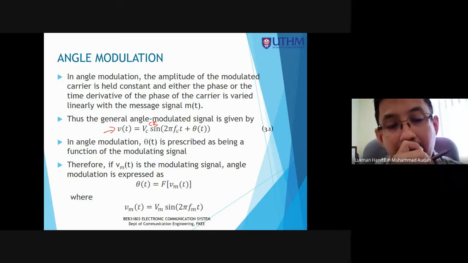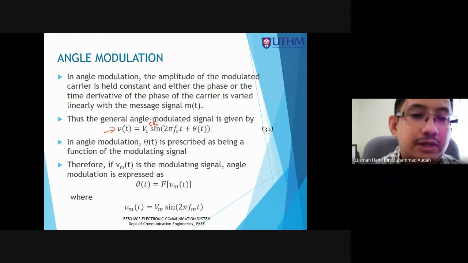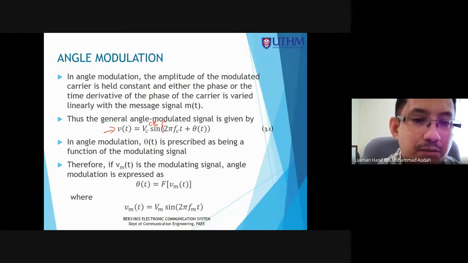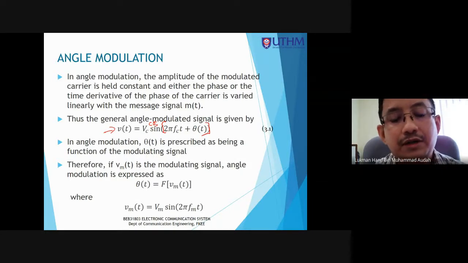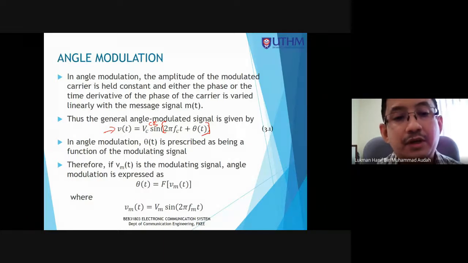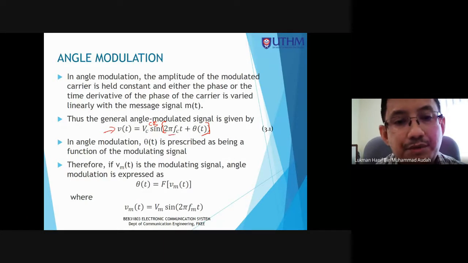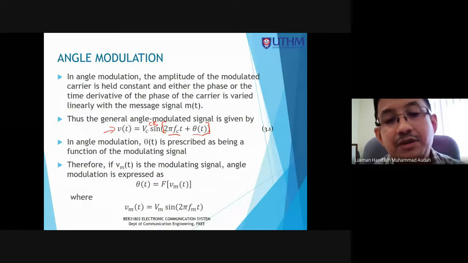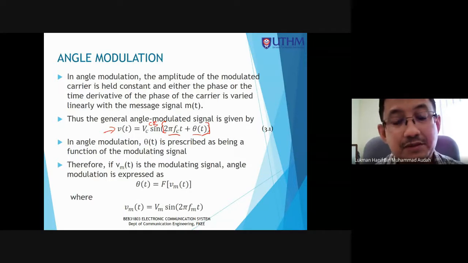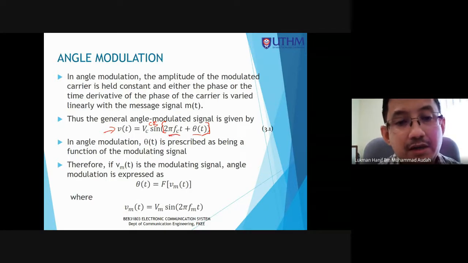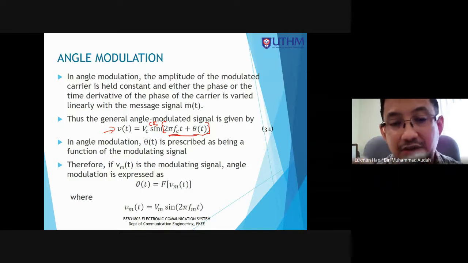As I already highlighted last week, I would highly suggest you put a big bracket over here, in order to avoid careless mistakes. Because all of this, 2 pi fct plus theta t, is the component of the sine function or cosine function. Semua ini adalah milik kepada sine function dalam kes ini.